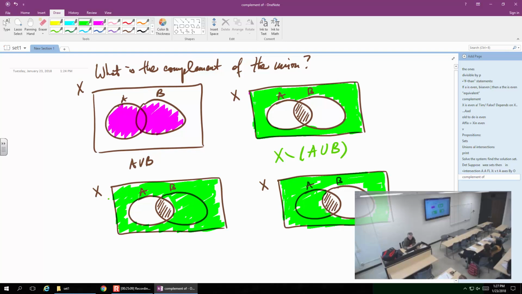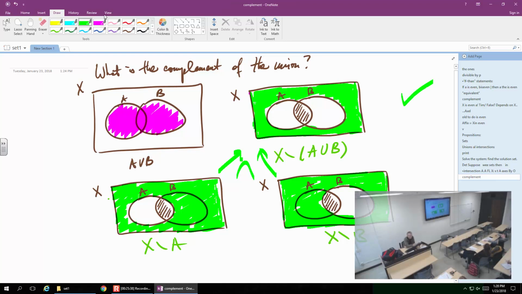So I'm going to get what I'm after, the green one top right, if I go with the intersection. Once again, this is X minus A, X minus B. Then they give me the intersection, so whatever lies simultaneously outside of A on the left and outside of B on the right, and that gives me this one.